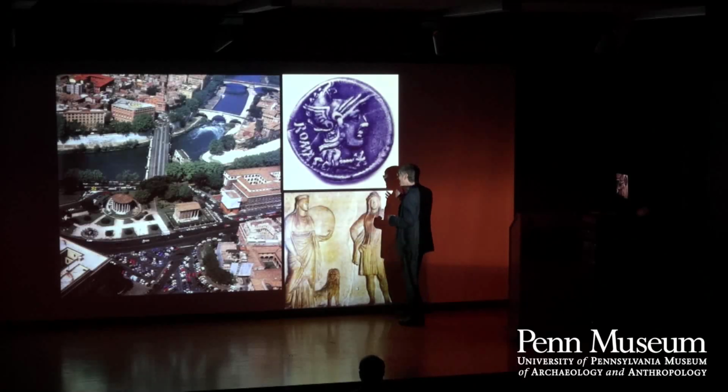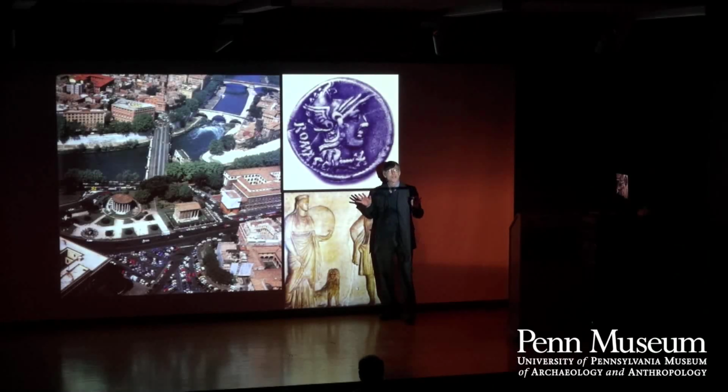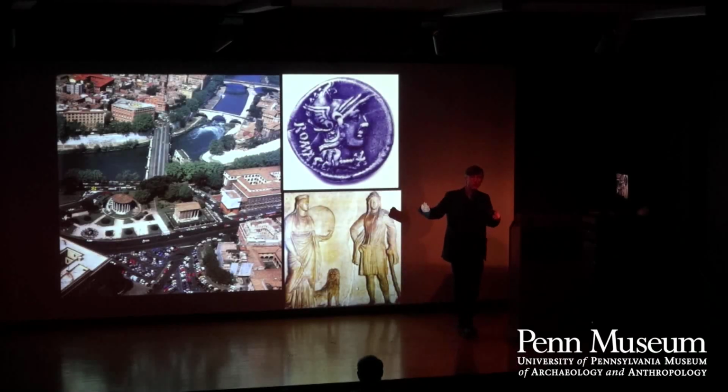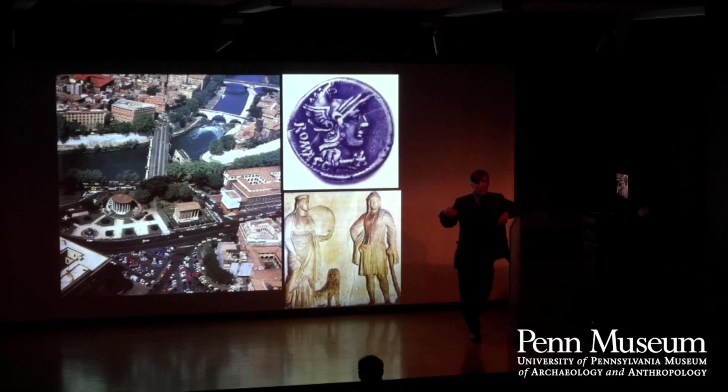So Rome is seeking to identify itself in a very particular way, as a Trojan descendant, in opposition to some of the Greek opponents whom they were now fighting, Pyrrhus of Epirus being a case in point.